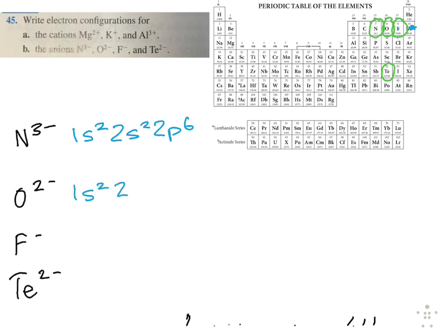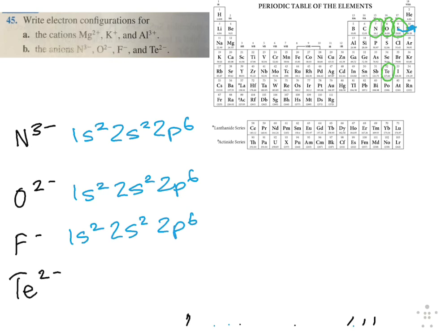So 1s2, 2s2, 2p6. And predictably, fluoride has a -1 charge, gains 1 electron, also isoelectronic with neon. So 1s2, 2s2, 2p6. All three of these ions have the exact same number of electrons.